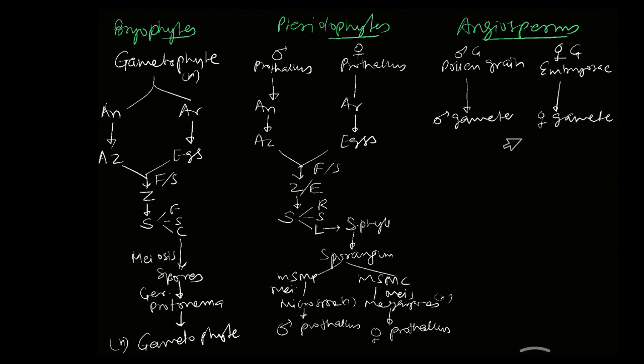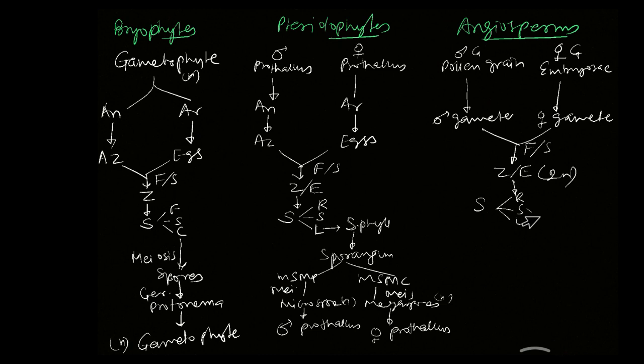Okay, and after the fusion of male and female gametes, so this is the fertilization or syngamy, the zygote is formed, which develops into the embryo, which is a two-end structure, and this zygote or embryo develops into the sporophyte, and this sporophyte is made up of three structures: root, stem, and leaf, like pteridophytes.